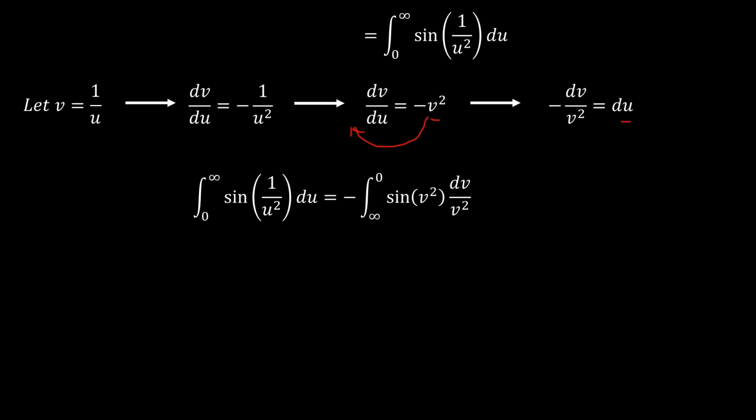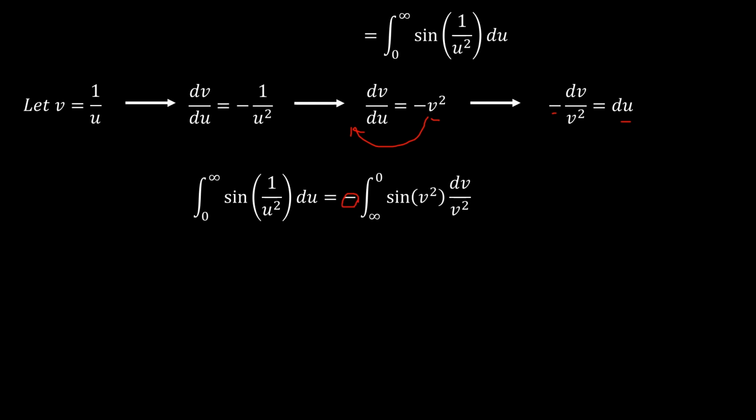And so keeping this negative sign in place, 1 over u squared is v squared, and then du becomes negative dv over v squared, and then it results in this negative sign.